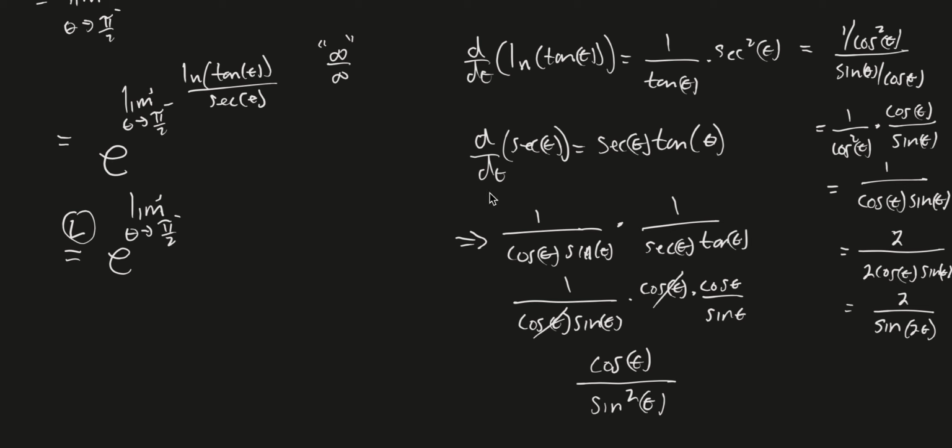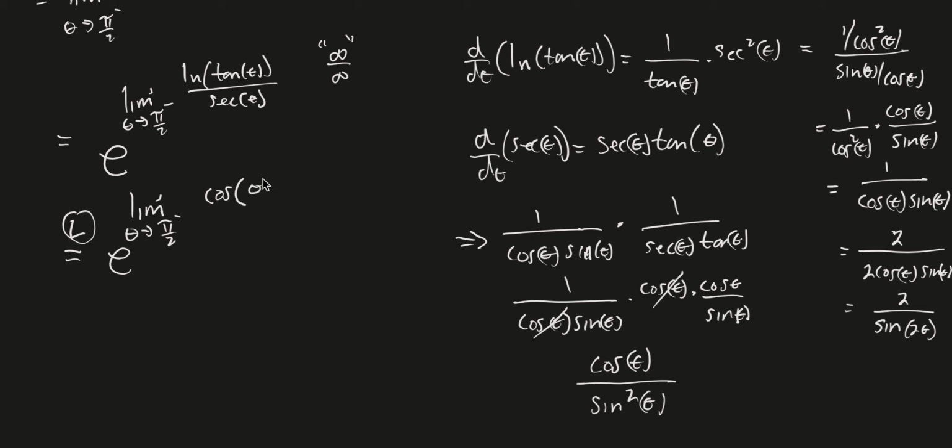Dividing by secant theta tangent theta is the same as multiplying by its reciprocal, so that's why I took the reciprocal and multiplied. Then I rewrote this reciprocal and realized that these cosine factors cancel out, so I'm left with a cosine in the numerator and a sine in the denominator.